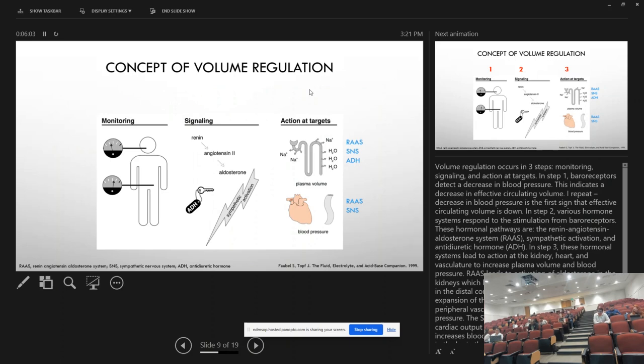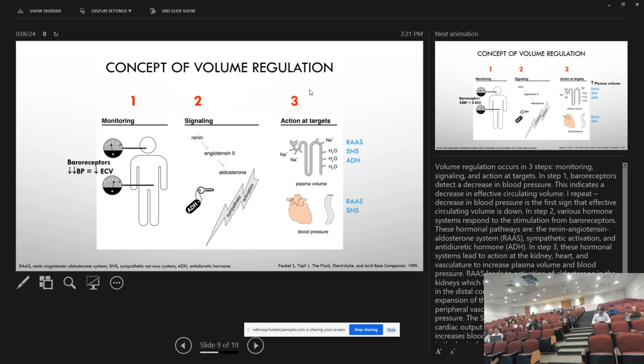So this is a review, but the volume regulation occurs in 3 steps. You have baroreceptors, osmoreceptors, et cetera. When they sense a decrease in blood pressure, there's a decrease in ECV as well, right? Because those are related.